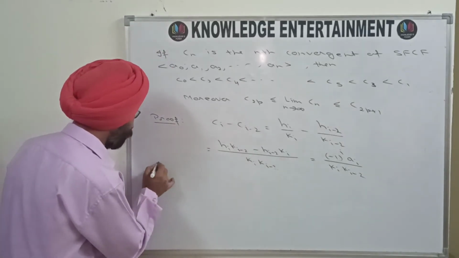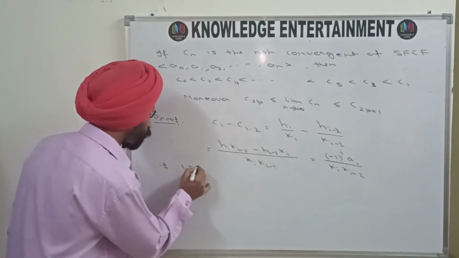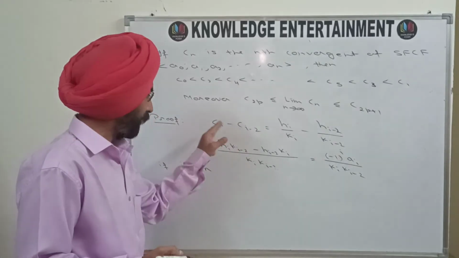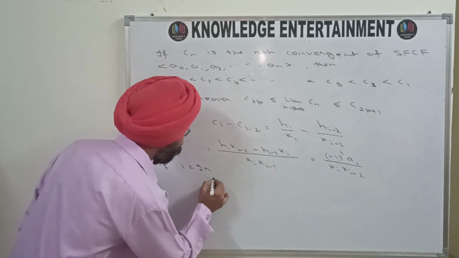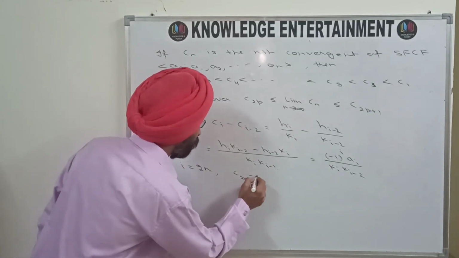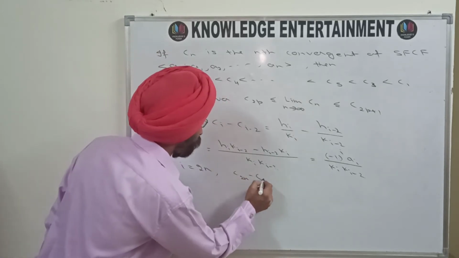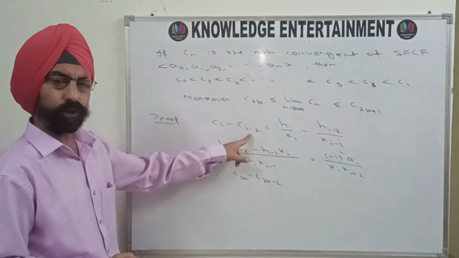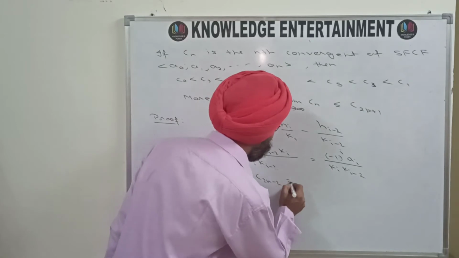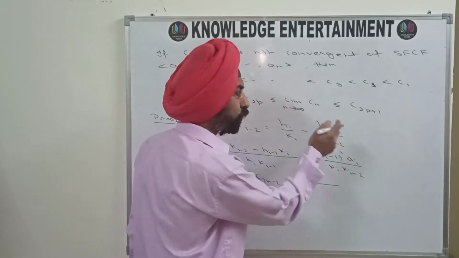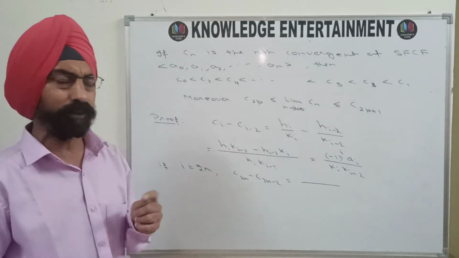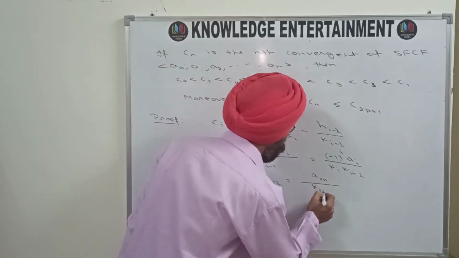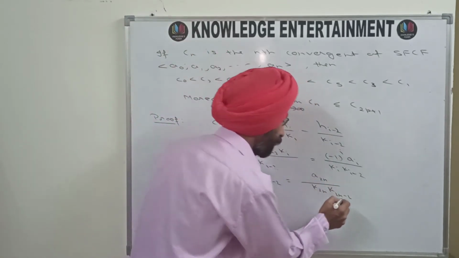If your i is 2n, that means if your i is an even number, what is going to happen here? You will get C2n minus C2n minus 2. You are substituting i equal to 2n, so minus 1 raised to the power 2n, minus 1 raised to the power even will become 1, and you will get a2n divided by K2n into K2n minus 2.